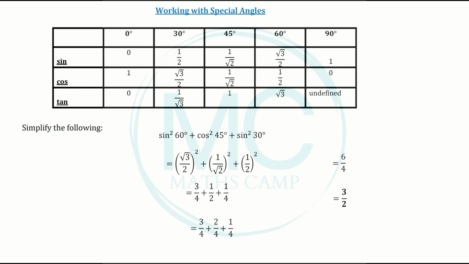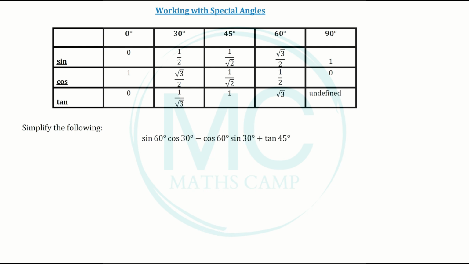Let's do another one. Sine 60 multiplied by cos 30 minus cos 60 multiplied by sine 30 plus tan 45. Sine 60 degrees is root 3 over 2. But because we have to multiply by cos 30 degrees, let's put our fraction into a bracket.